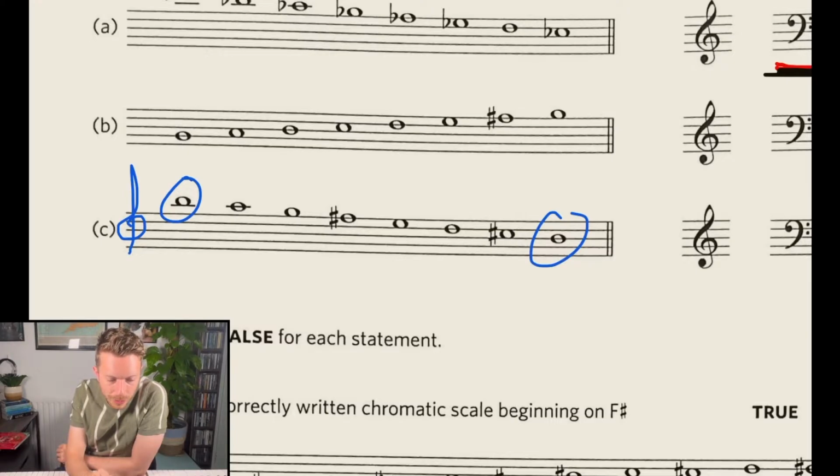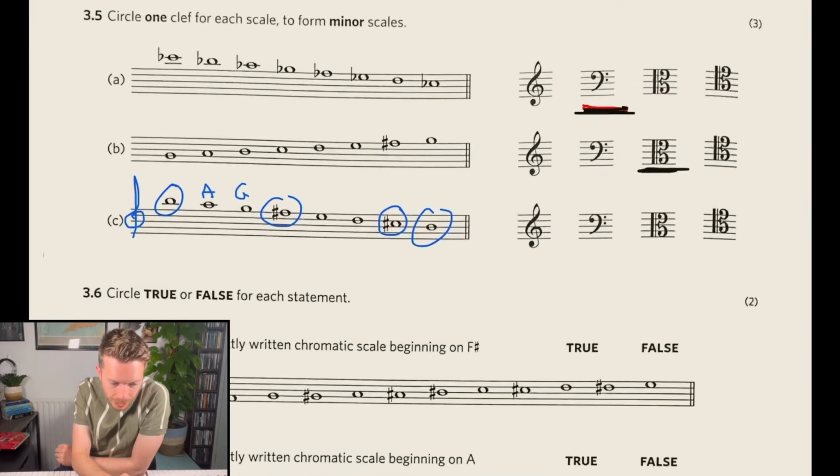If this was in the treble clef, this is a C sharp, so that's one, and that's an F sharp. The 6th and 7th notes would have been raised going up, but they've been lowered back to their original natural state, which here would be an A and a G. So the correct answer here is actually the treble clef, because we're in B minor.